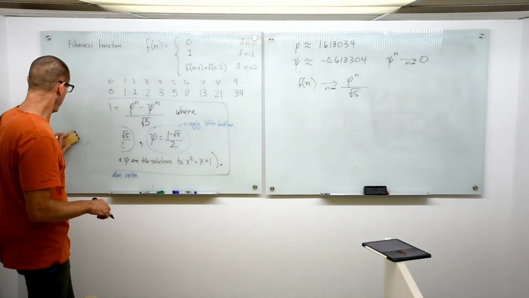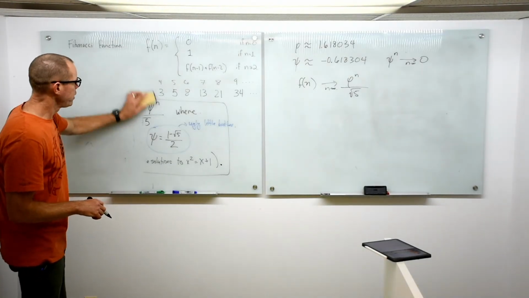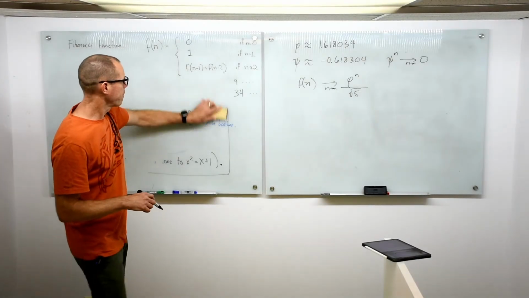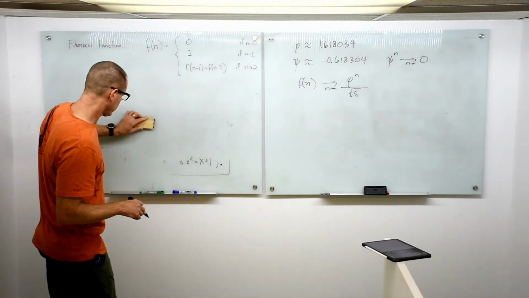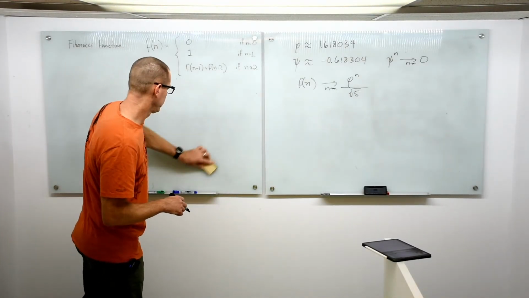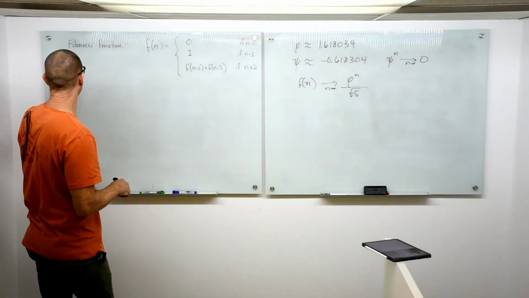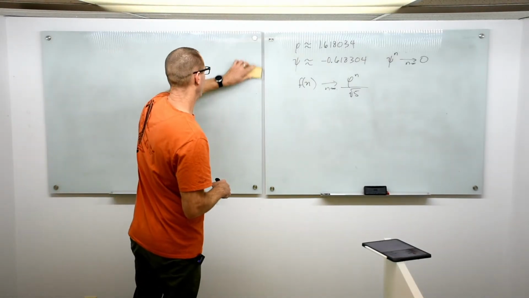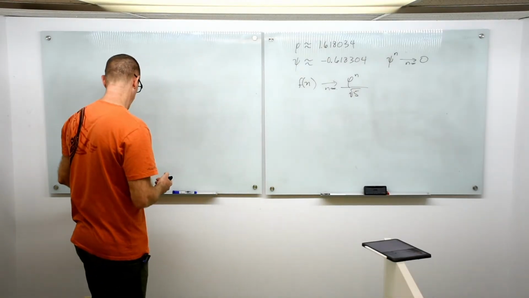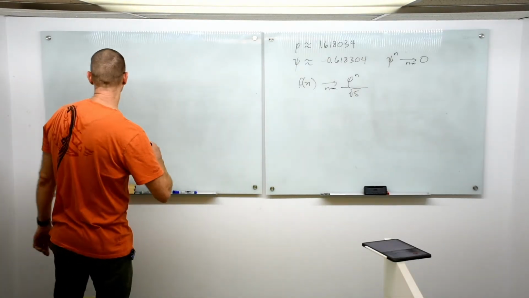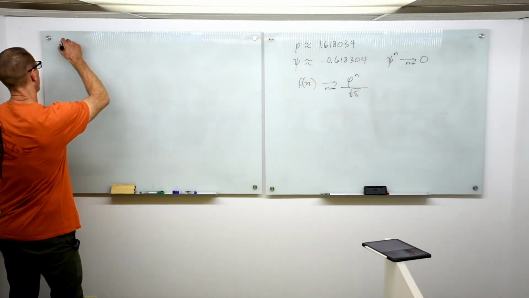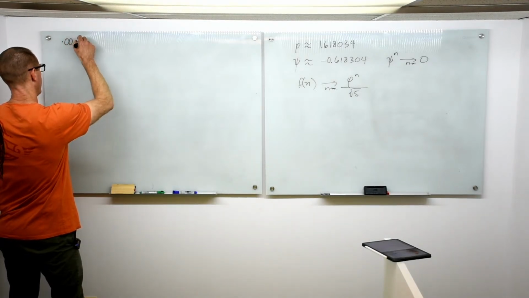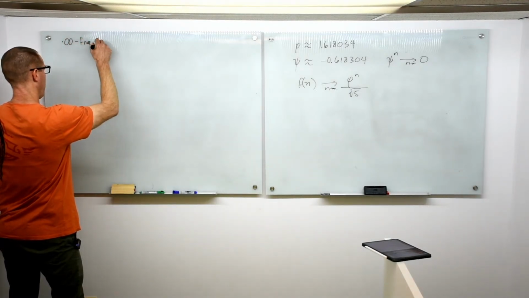All right. So let's look now at a recursively defined set. These things are called 00-free bit strings.